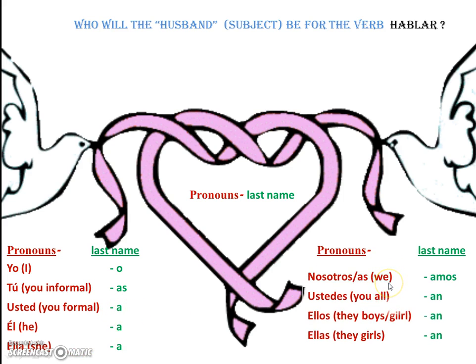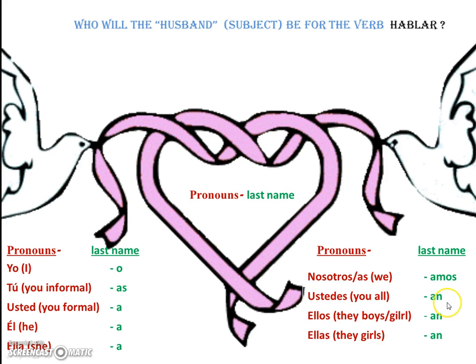And then we have the plural pronouns. Nosotros or nosotras, depending on whether it's a group of girls or a group of boys. We. The last name for we is amos. Ustedes, which means you all. This is like when a teacher is talking to you all, right? Ustedes, talking to a group.